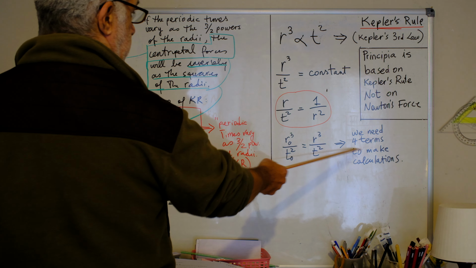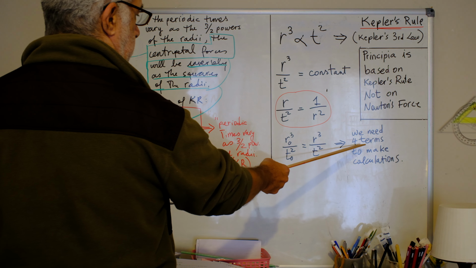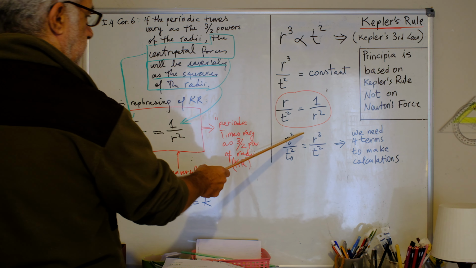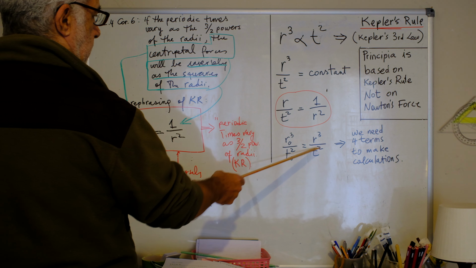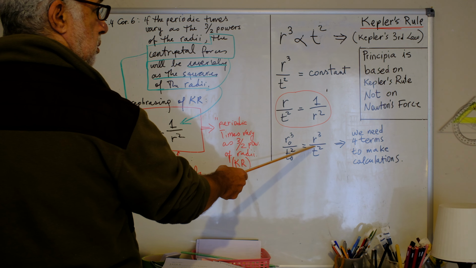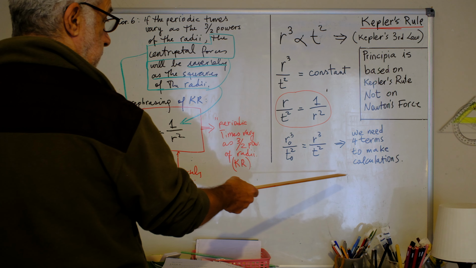To make calculations with this proportion, we need 4 terms. So we first choose unit terms, and then we compute properties of other objects.